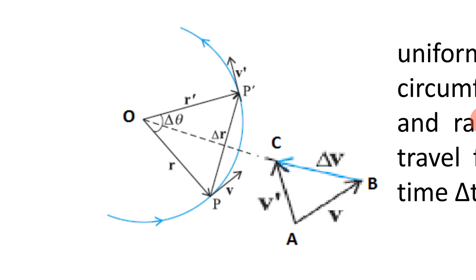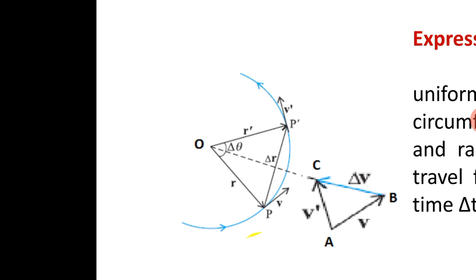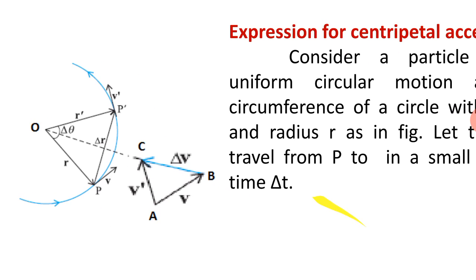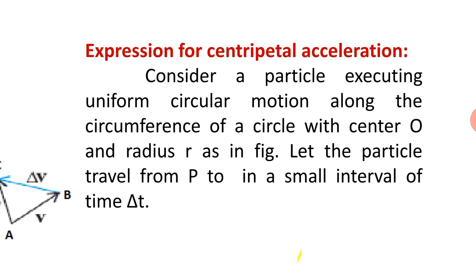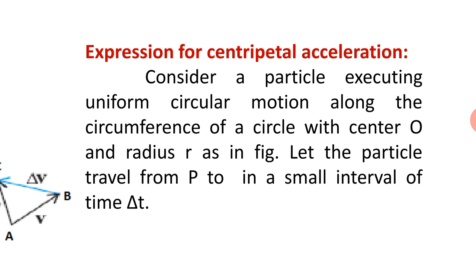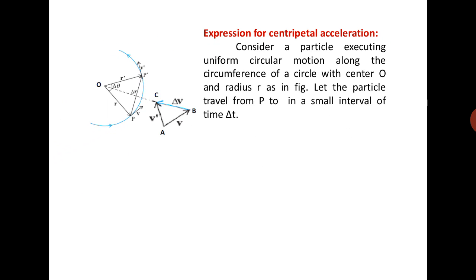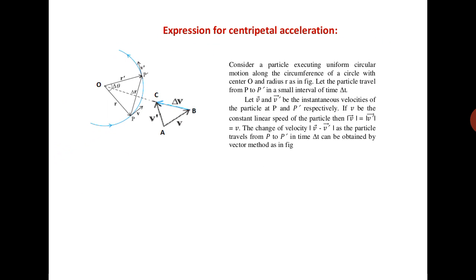According to the triangle law of addition of two vectors, here vector AB plus vector BC equals vector AC. Clear? Okay, so this is about the explanation. Note this explanation, a simple explanation is there. Clear?